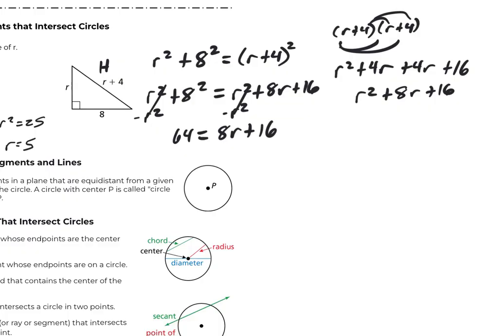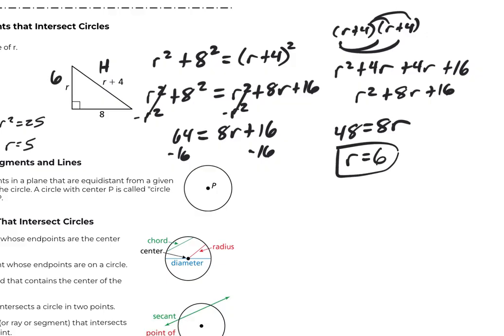And now we just have a basic old 2-step equation, trying to get R by itself. So I would subtract 16. And then I'd divide by 8. This side here would be 6, which means my hypotenuse would be 10.